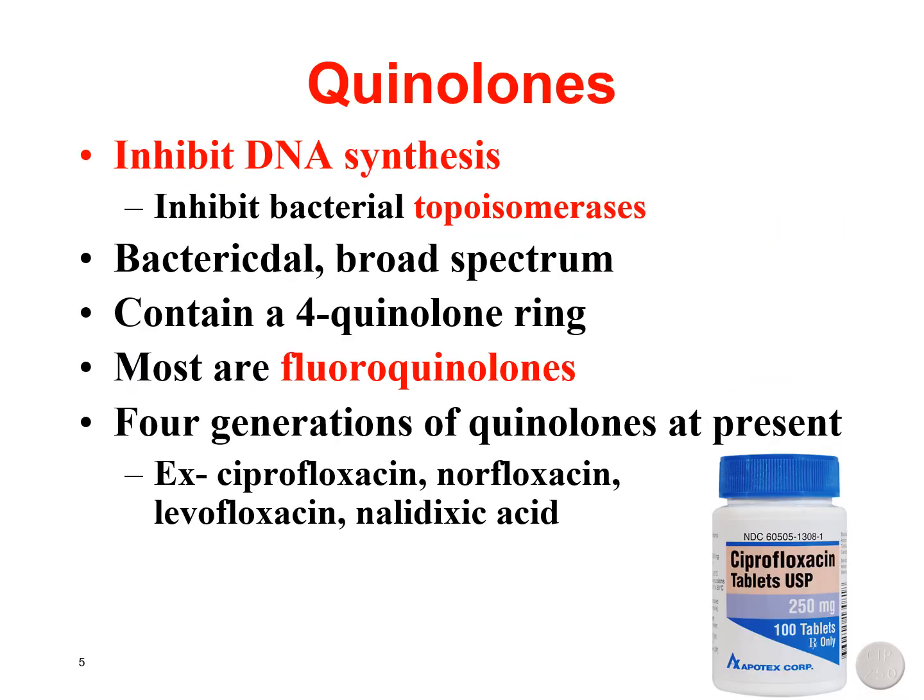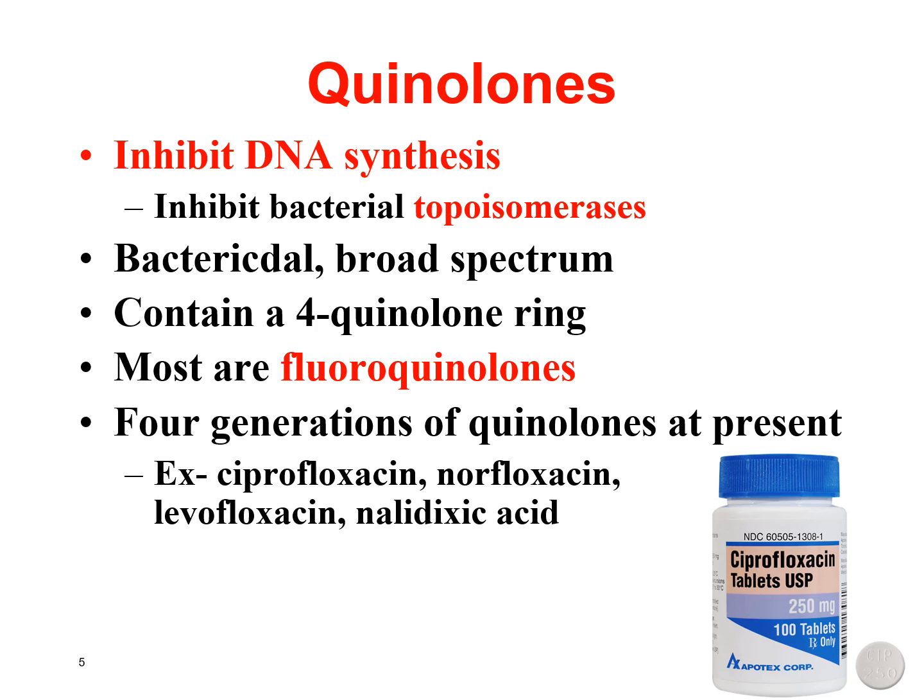Okay, so here's an example of the quinolones that inhibit DNA synthesis. They block the enzyme topoisomerase used in DNA replication that undoes all the knotting and the twisting. Most of the quinolones that are used today are fluoroquinolones, so they've just attached a fluorine atom to them.